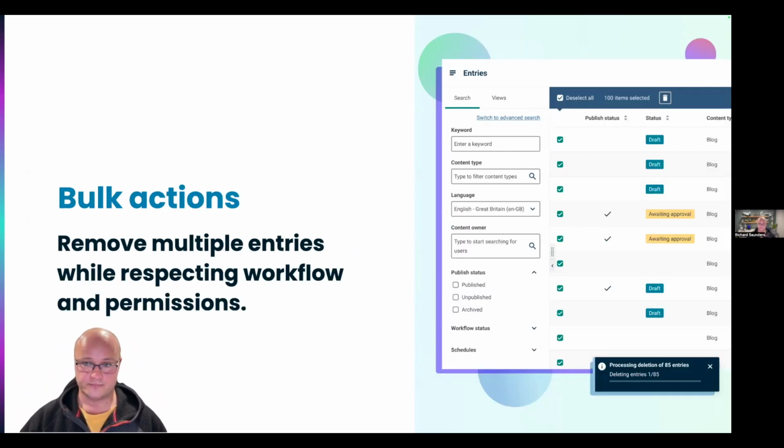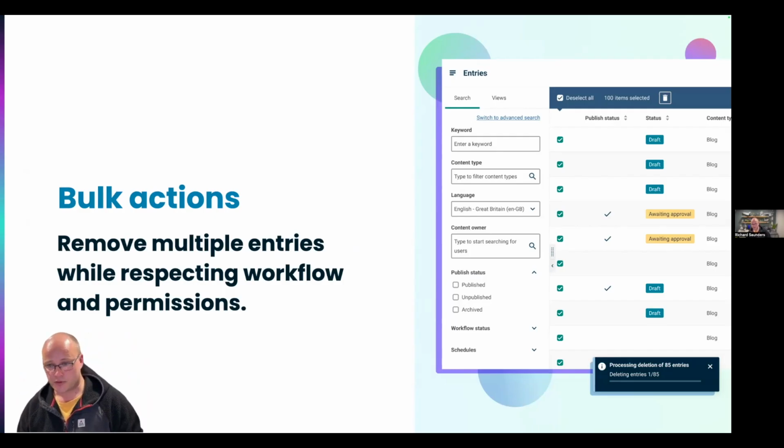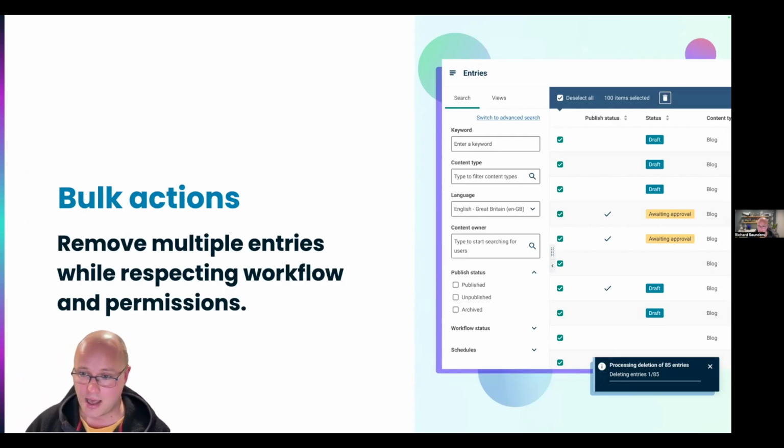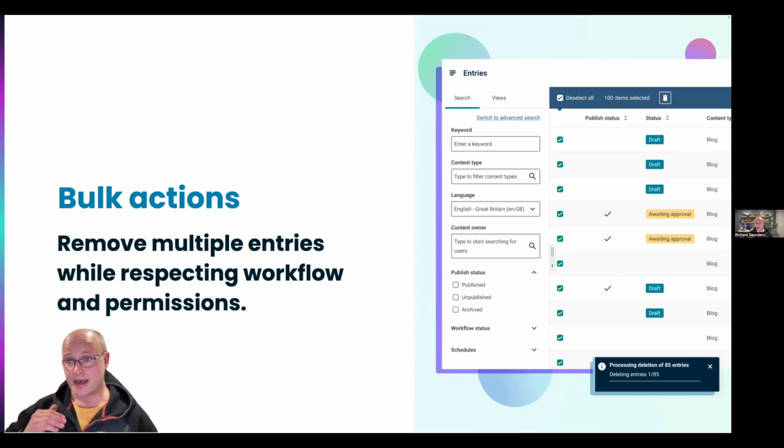We'll be bringing bulk actions in the new year. So we're starting with bulk delete, and we're partially way through development of this feature at the moment. So if you've used the new tags feature, we do bulk delete with tags, and we're bringing this to entries as well.